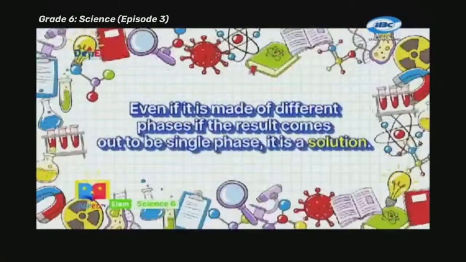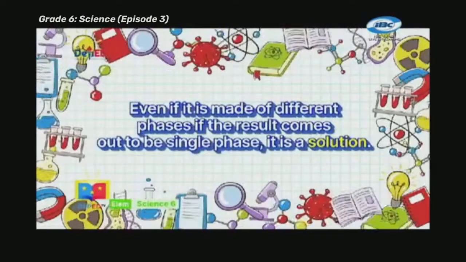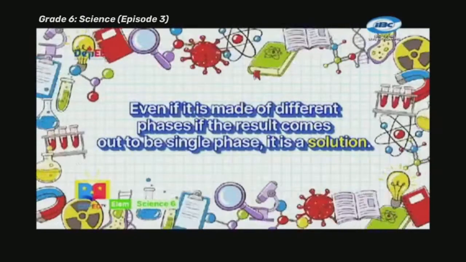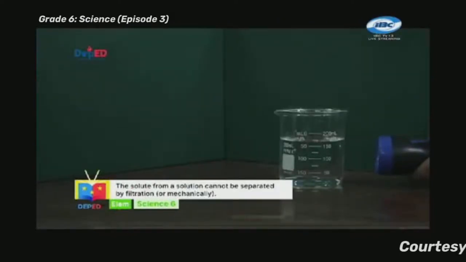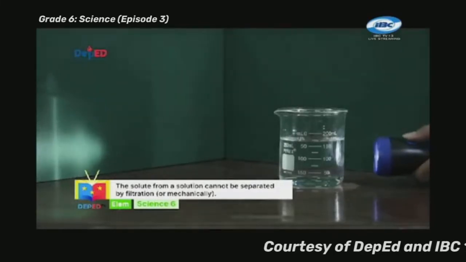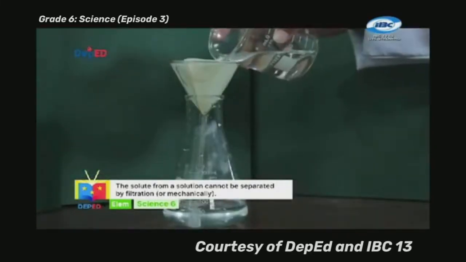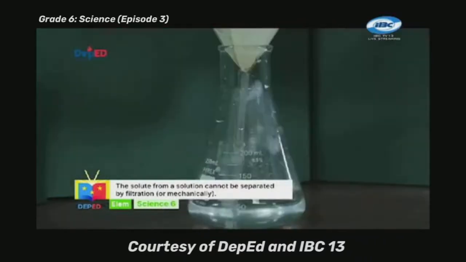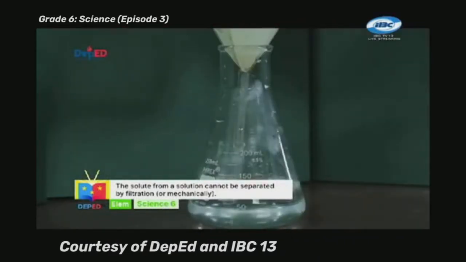Even if it is made of different phases, if the result comes out to be in single phase, it is a solution. The solution particles cannot be seen by our naked eye. It does not allow beams of light to scatter. In addition, the solute from a solution cannot be separated by filtration.